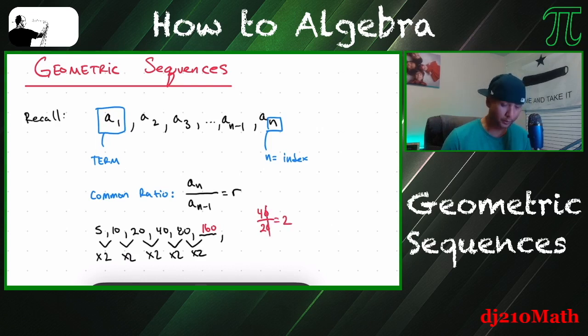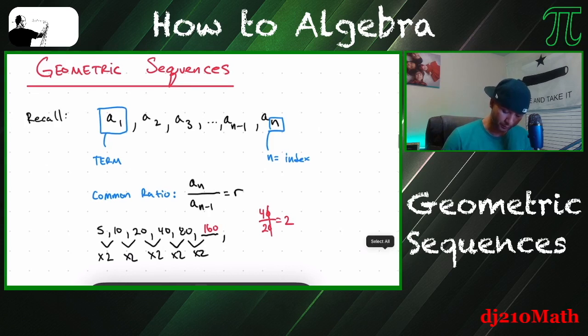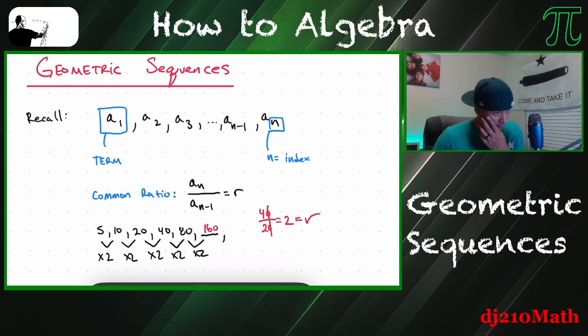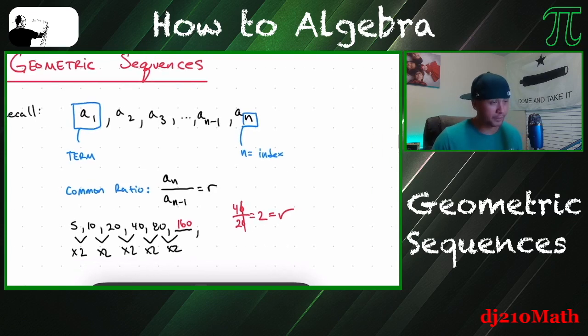And we see, oh, it's equal to 2. So now, everywhere you check, the first term and the second, second and the third, third and the fourth, and so on, the ratio has to be 2 everywhere. So here, r is equal to 2. That would be the ratio. That's pretty much it, right?